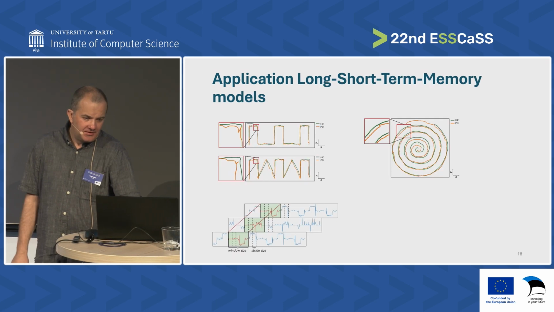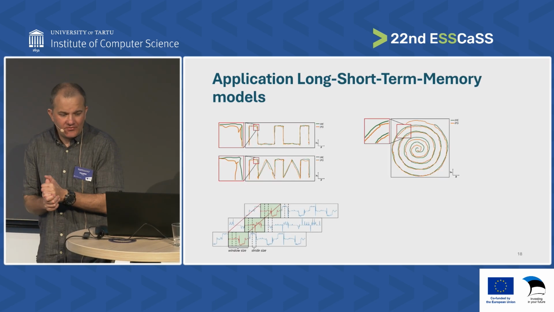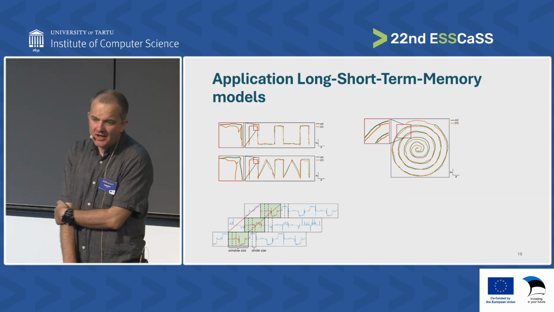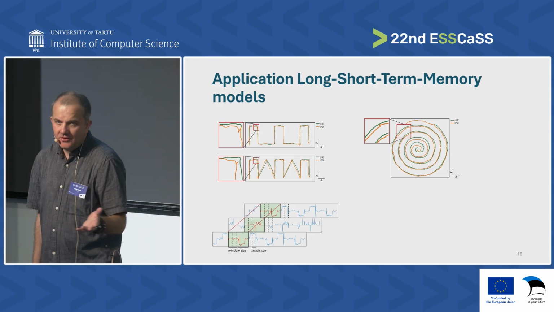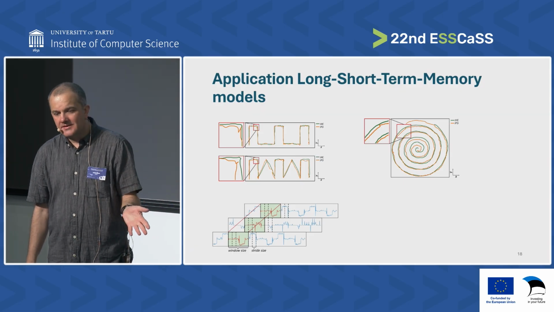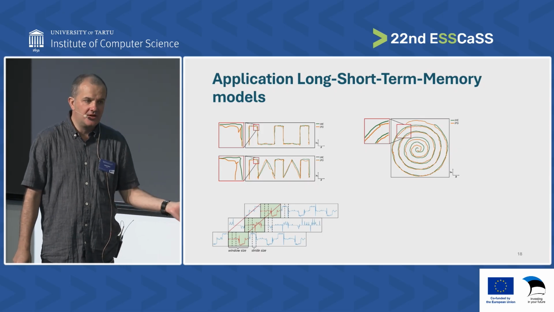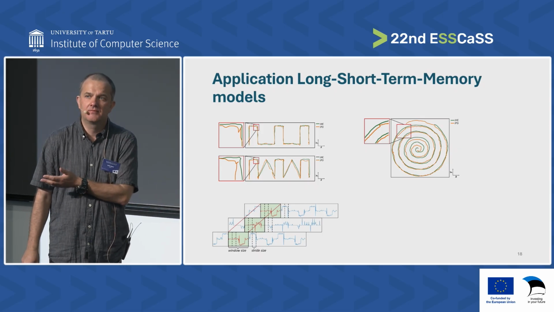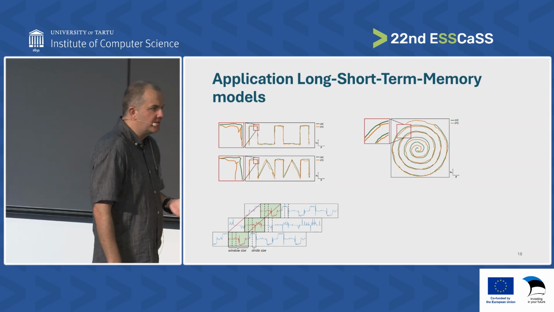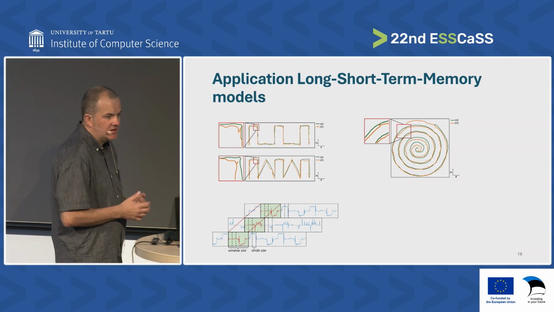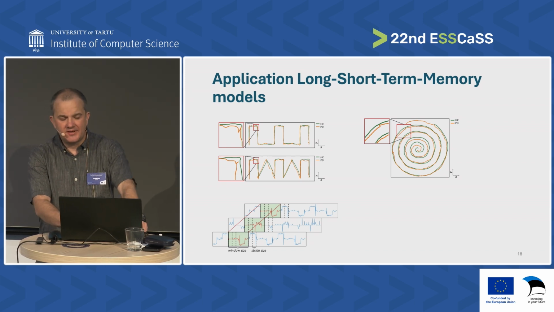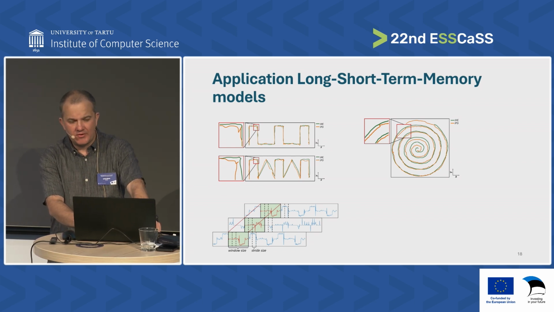Then it's application of long short-term memory models. So what you have here, you obviously can consider the processes to be simply a time series. And then you can try to apply LSTM models in order to get some information about the drawing process.